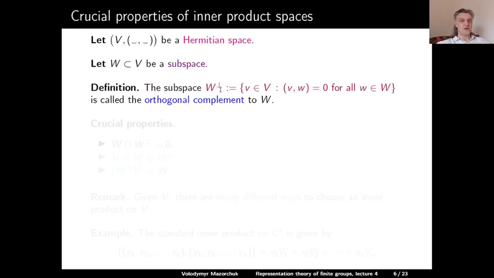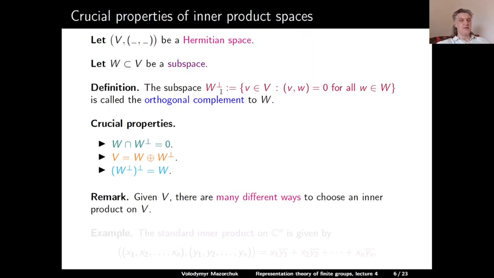Here are the main properties for the notion of orthogonal complement. First of all, the only common vector for W and its orthogonal complement is the zero vector. Second, the whole space V is a direct sum of W and its orthogonal complement. And the third property is that the second orthogonal complement of W is equal to W.